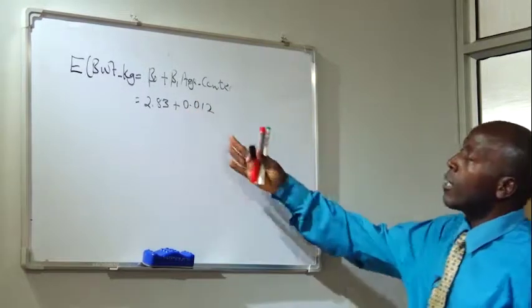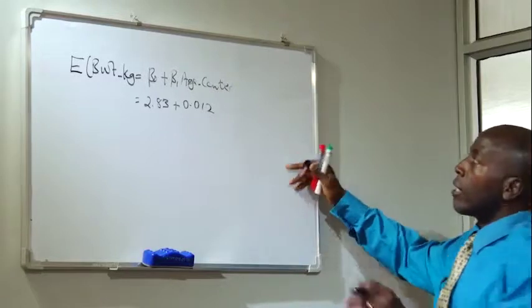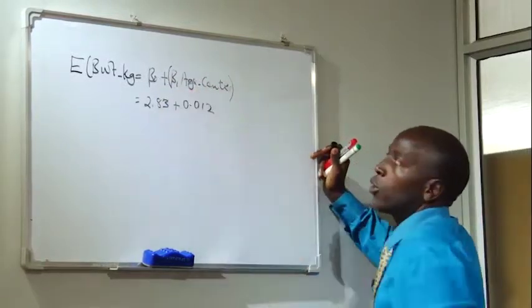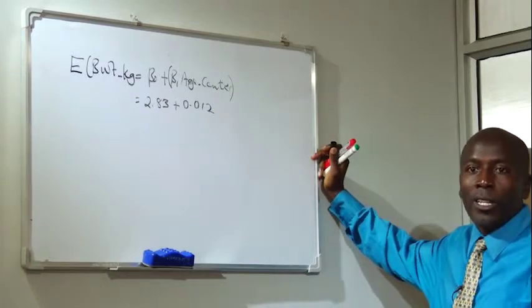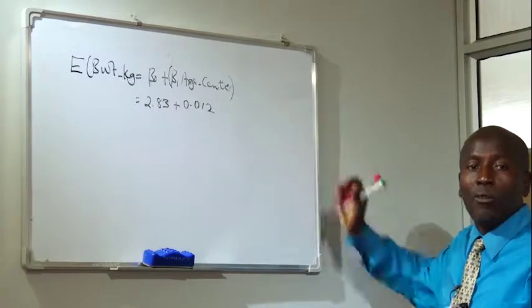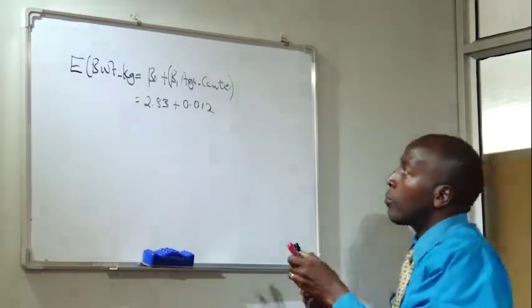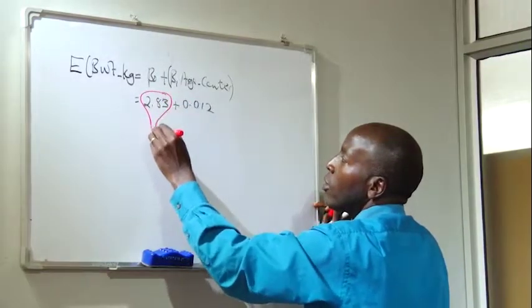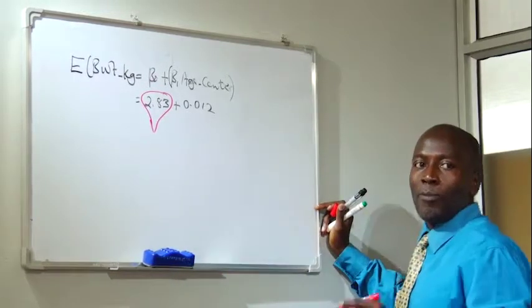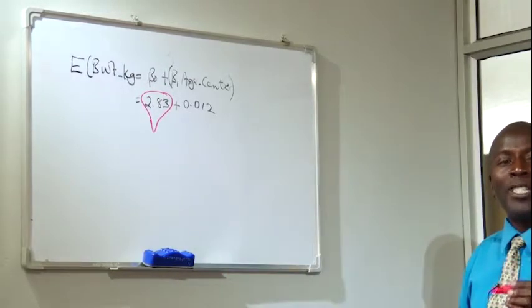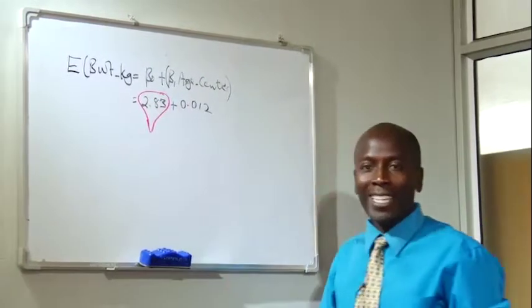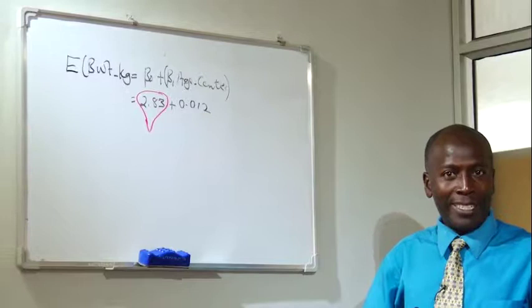So what does this mean? This means that when this thing here is equal to 0, when is it equal to 0? When the mother is aged 14 years. So this intercept now makes sense. So the average weight of a baby born to a 14-year-old mother is 2.83 kilograms.